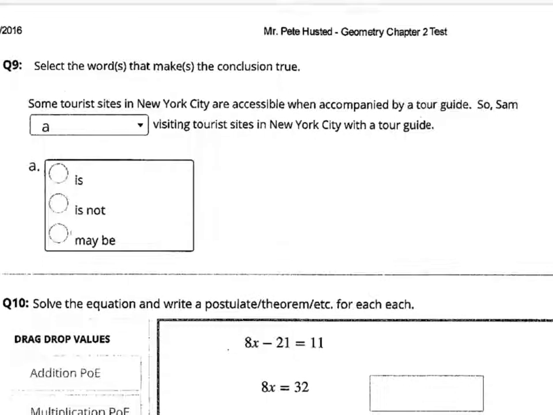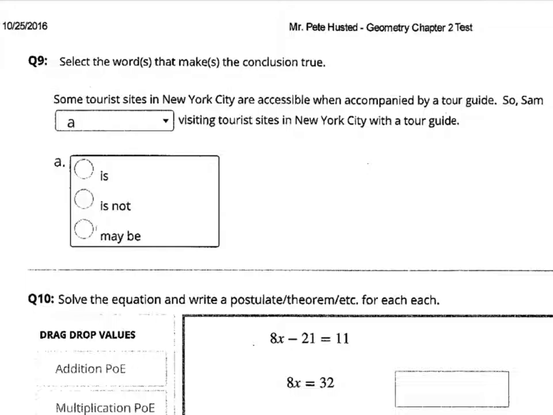Make sure I got all this question. Okay, I do. So, some tourist sites in New York City are accessible when accompanied by a tour guide. So Sam is visiting tourist sites in New York City with a tour guide? Or is it Sam is not visiting tourist sites in New York City with a tour guide?